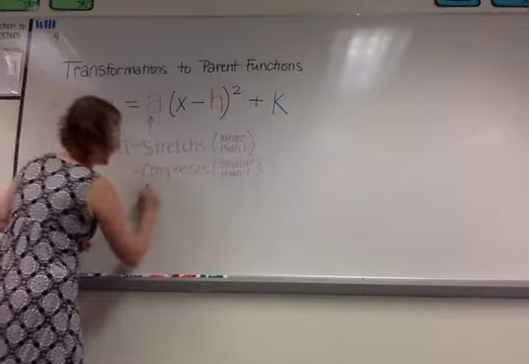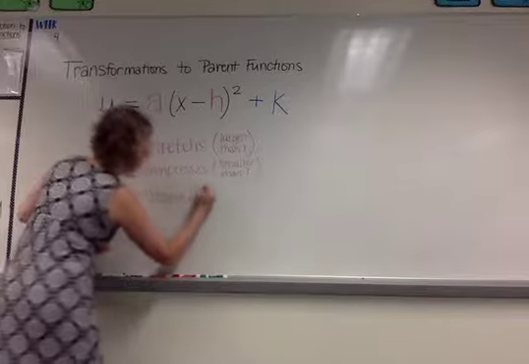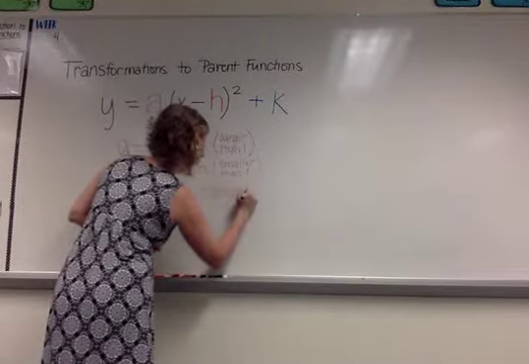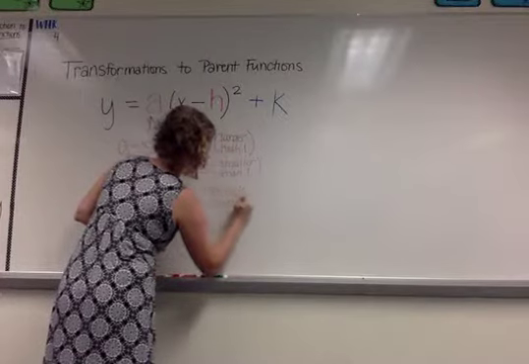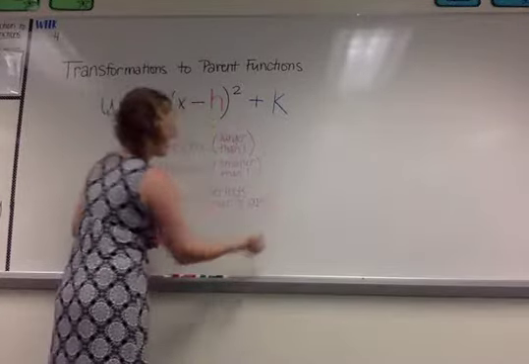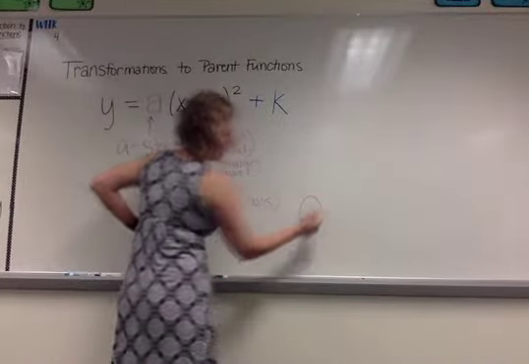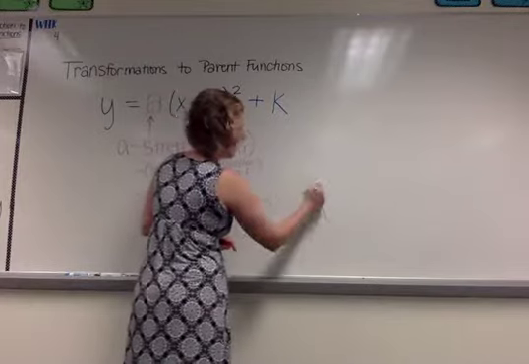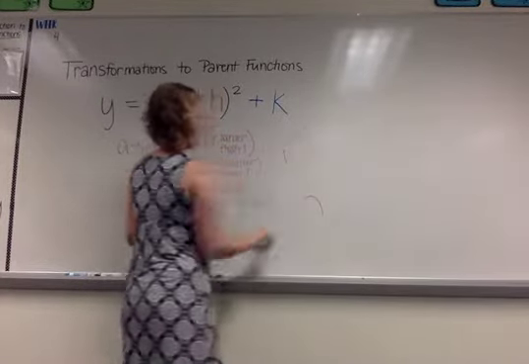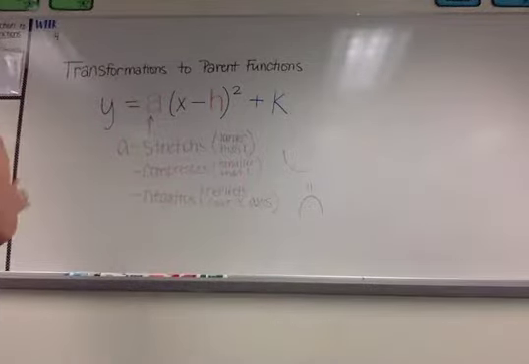And then if it's a negative number, then it reflects over the x-axis. So the way I remember it is if it's negative, it opens down like a frown. If it is positive, it opens up like a smiley face. Okay, so that's what the a does.